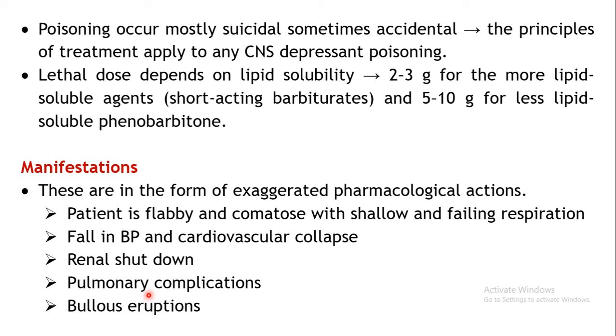Then pulmonary complications may be precipitated because respiration is affected. Then a specific type of reaction may occur, like bullous eruptions, blistering on the skin. So these are some of the manifestations which will be presented to you in barbiturate poisoning.